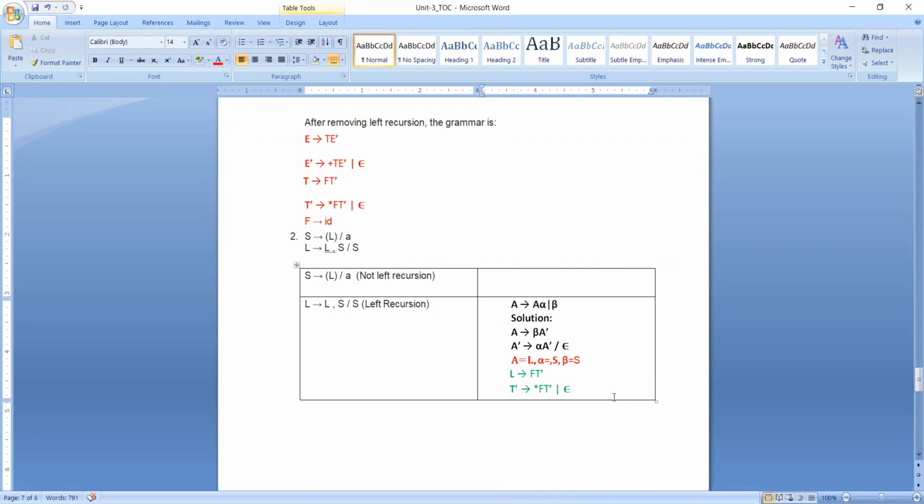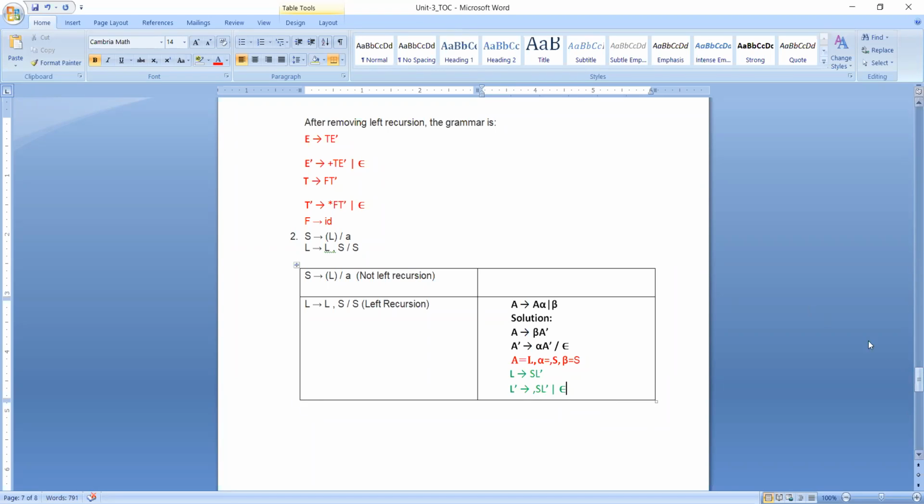What is beta here? Yes, S, A dash, in the sense S L dash. And what about here? So L dash derives to alpha A dash. What is alpha here? Comma S, comma S, A dash in the sense L dash or epsilon.